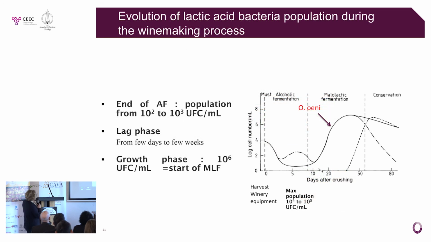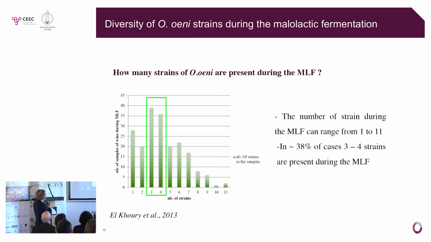Now, considering lactic acid bacteria, we have a very low population level at the beginning of the process, then a decrease during the alcoholic fermentation, and then Oenococcus oeni, after the alcoholic fermentation, will start to grow, reaching 1 million cells per milliliter, and then the malolactic fermentation will start.